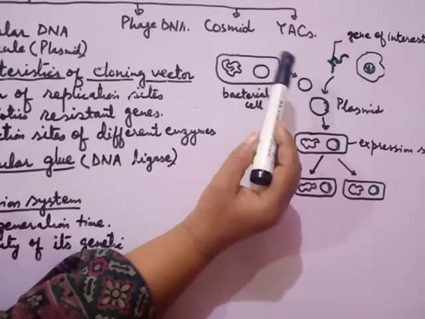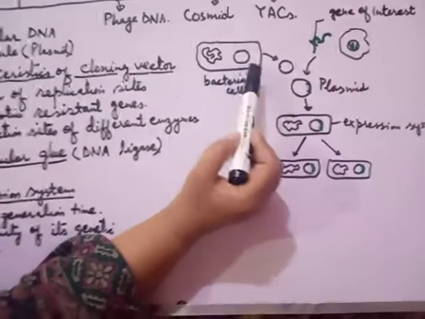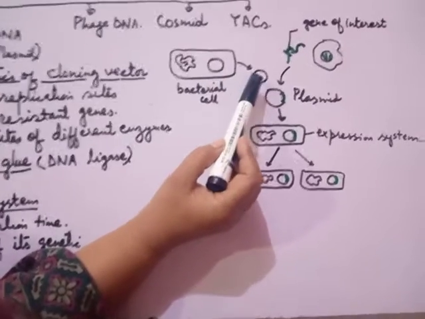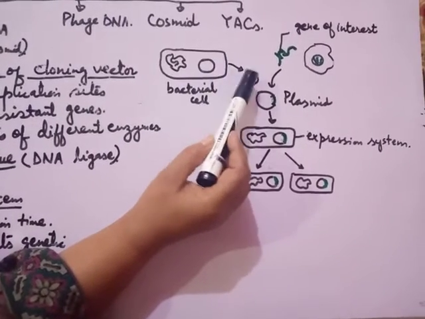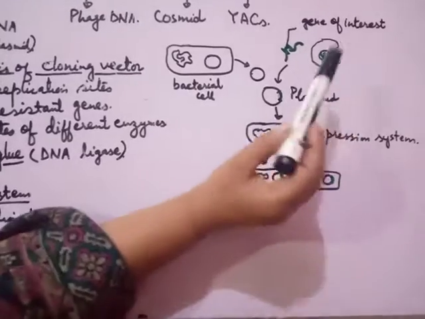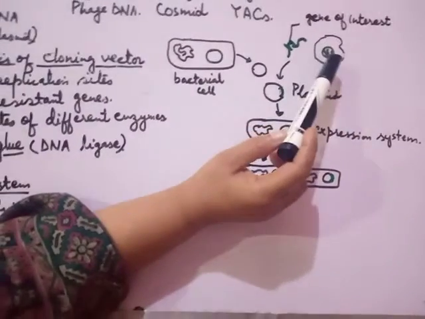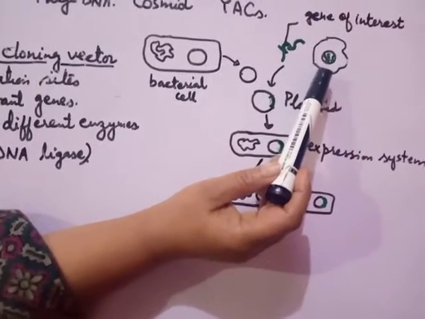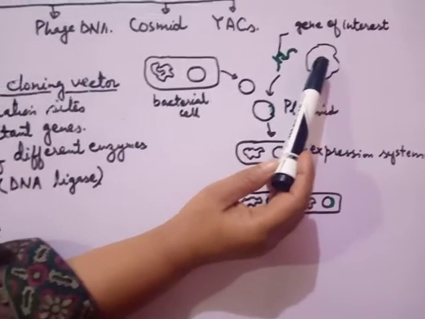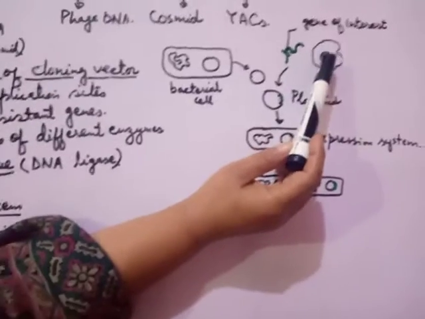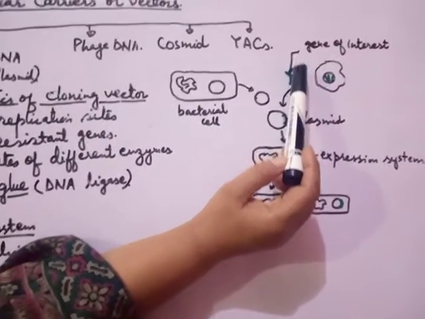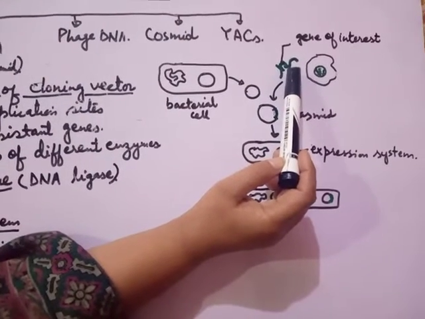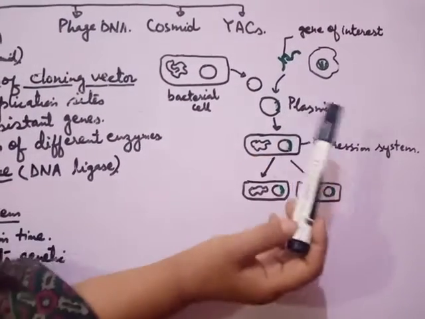Now, with the help of the diagram, you can see this is a bacterial cell, and this is its circular DNA molecule, which is called a plasmid. First, we will isolate this plasmid from the bacterial cell, and the gene of interest will be isolated from the desired cell. For example, if this is a pancreatic cell, we can get the insulin gene from the pancreatic cell, and then we can cut this gene of interest with the help of molecular scissors, which are called restriction endonucleases.